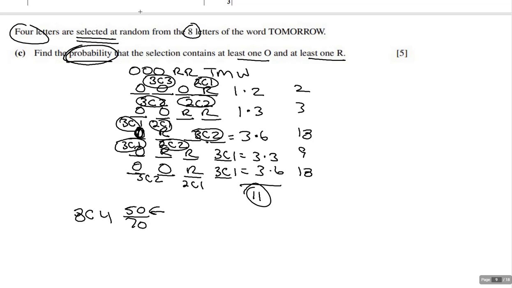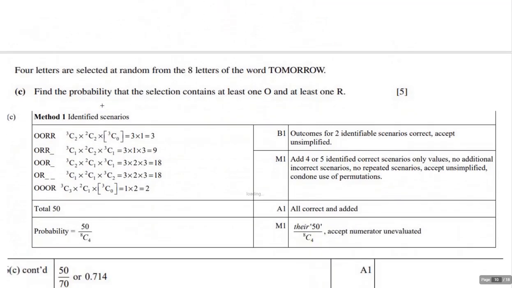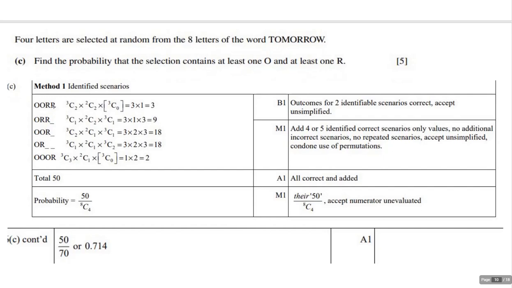Alexa, you okay with this? Yes. All right. So again, you'll notice how they did the same kind of thing where they wrote down the letters, they have spaces, and then they figure out how to do the combinations, and then they divide by 8 choose 4. And again, you can see where you could get method points.